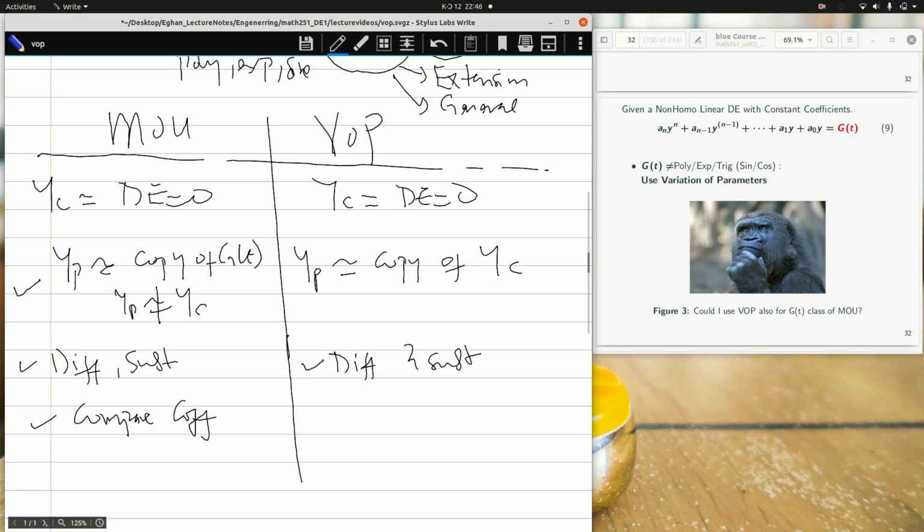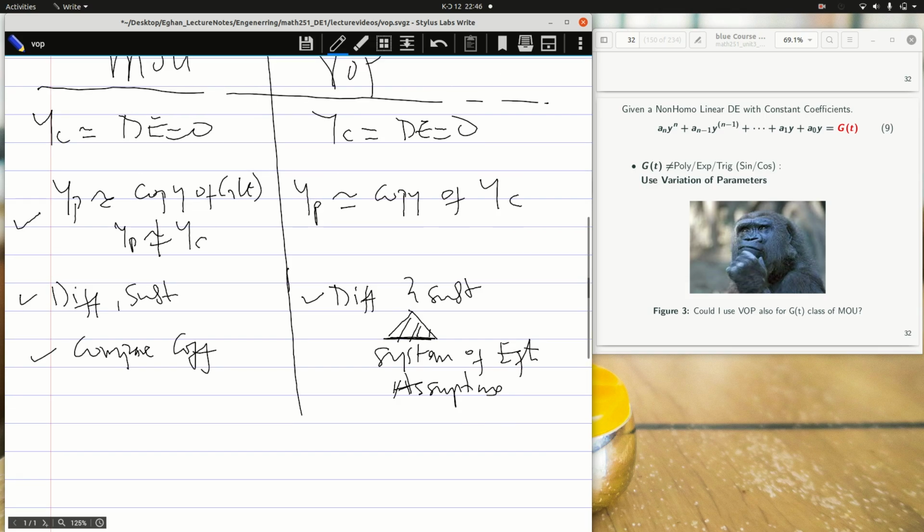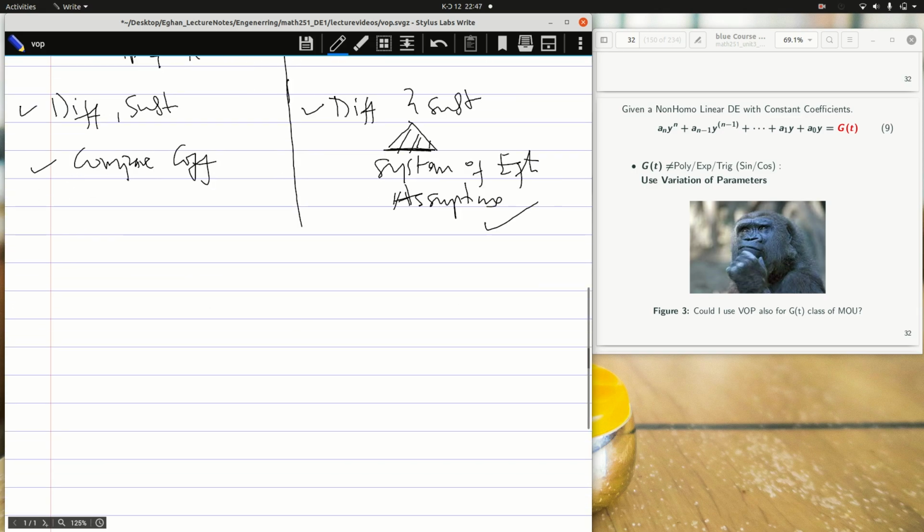The last difference is that after substitution, we can't easily compare coefficients because what we end up getting will be some system of equations, with some underlying assumptions made. I won't go through how to get the system of equations; what I'll do is show you how the system of equations evolves. So don't forget the steps: you always find your yc, your yp is a copy of that, and then you end up getting some system of equations. Let me quickly take you through the illustration.